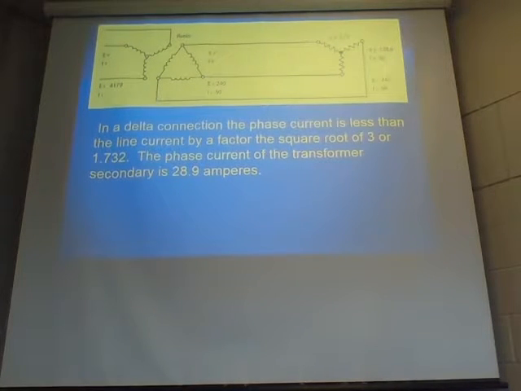In a delta connection, the phase current is less than the line current by a factor of the square root of 3. The phase current of the transformer secondary is 28.9 amps. So 50 amps here, delta, divided by 1.732, you end up at 28.9 amps in the secondary for phase current.